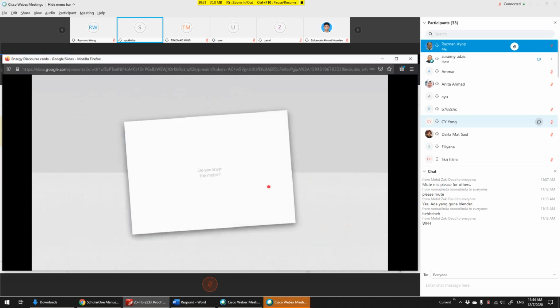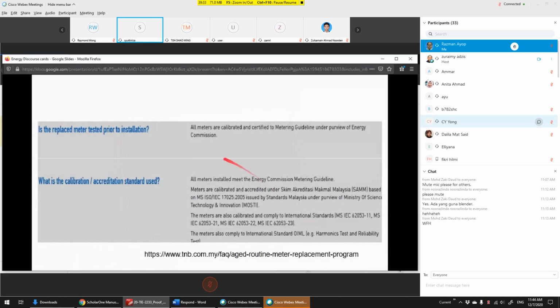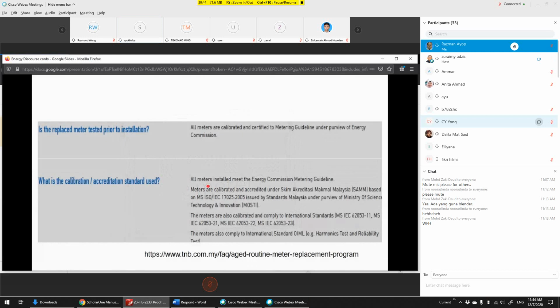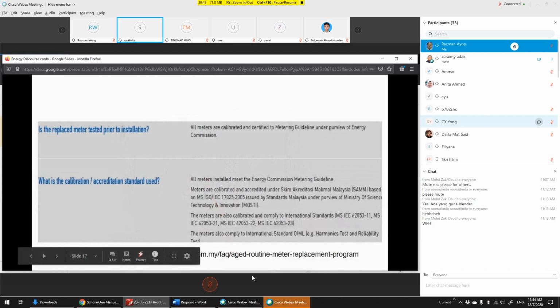So now comes the next. Do you trust the meter that we have or that we are using? So let me help you out. In one of the TNB web pages, we have this, whereby TNB declares that all meters are calibrated and certified to metering guidelines.